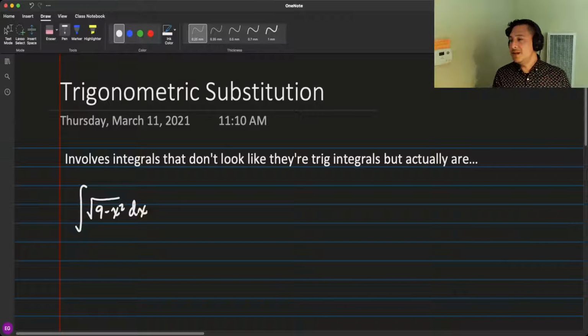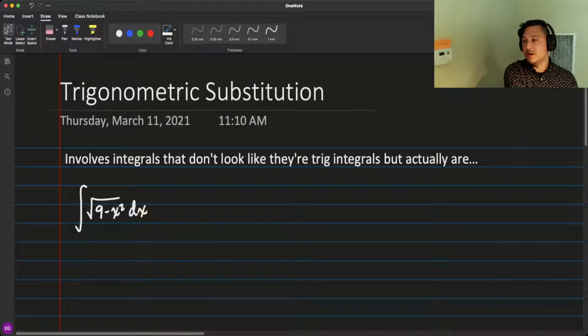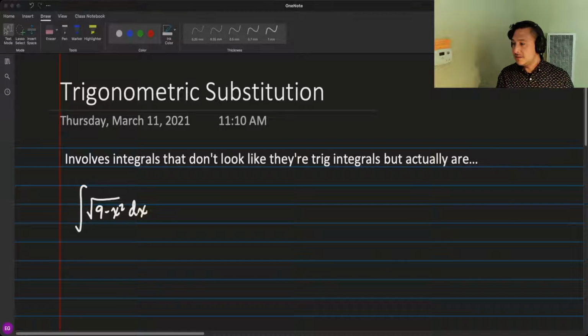Well, yes, but we're not going to just write down the answers. Looking at this on its face, there's actually a good reason to believe that this will involve trigonometric functions. Any ideas as to why? I'm not asking you what the antiderivative is.